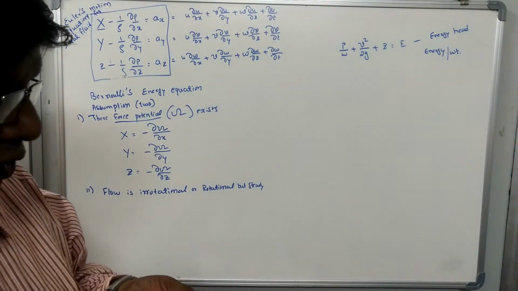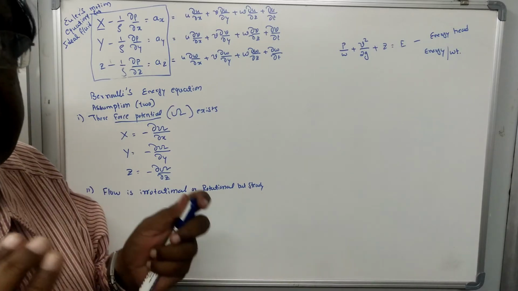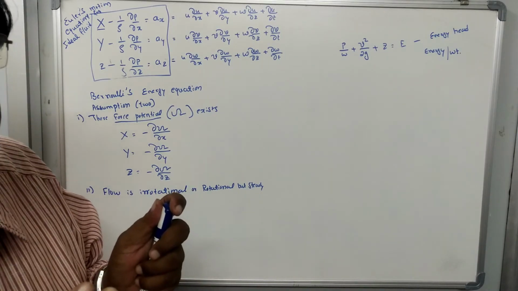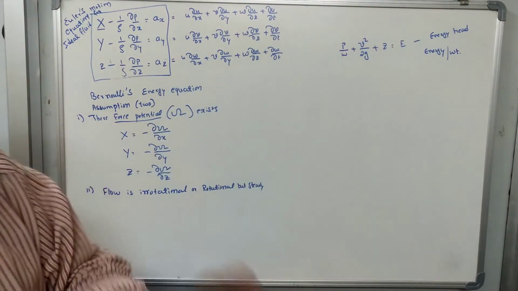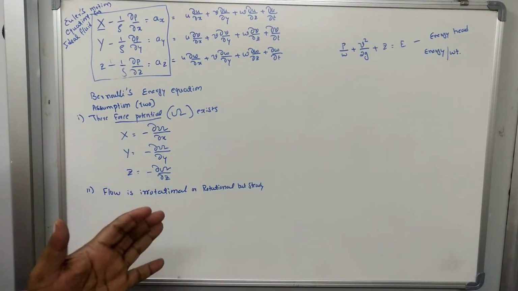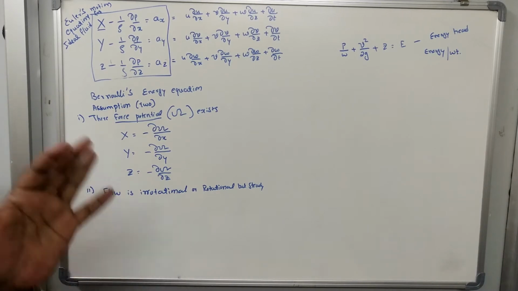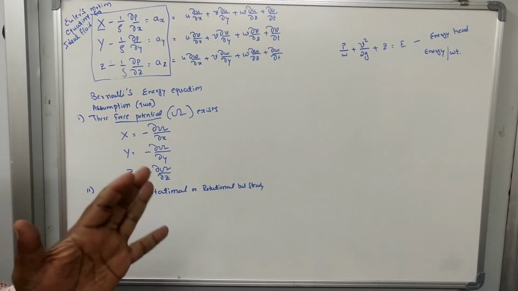E is in terms of meter, because it is the energy possessed by the flowing fluid per unit weight.